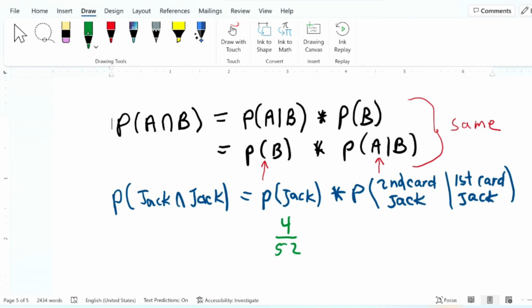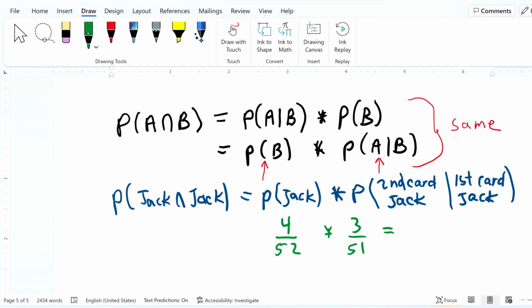Because we took out the first jack. So given that the first card was a jack, the probability that the second card is a jack is 3 out of 51, right? Since there are 3 jacks left and only 51 cards left, because the problem says 2 cards are taken out without replacement. Replay this to make sure you understand where these numbers come from.